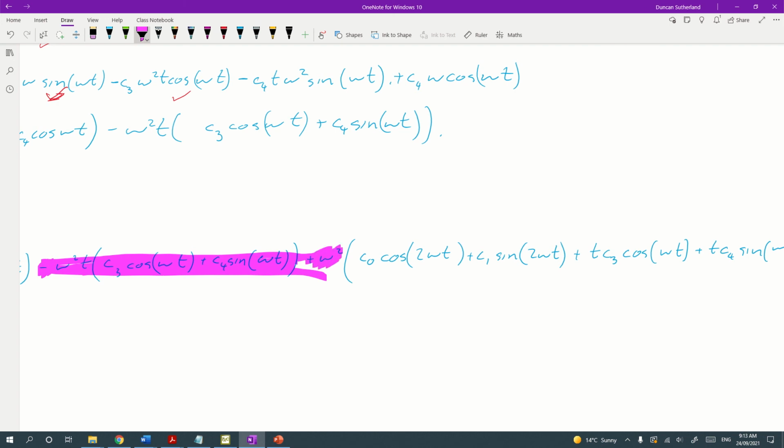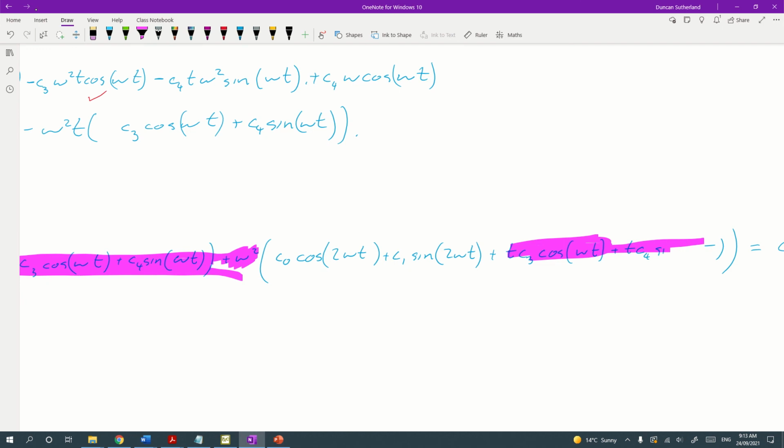Here we've got a plus omega squared, and then we've got plus t in here. These terms all cancel, right? So the purple highlighted terms cancel.